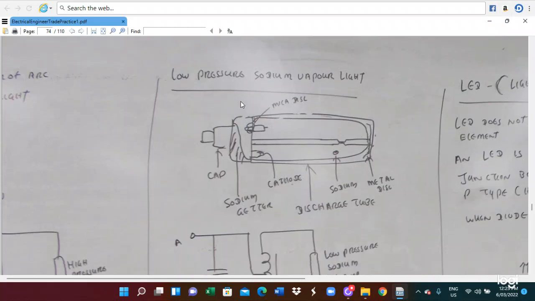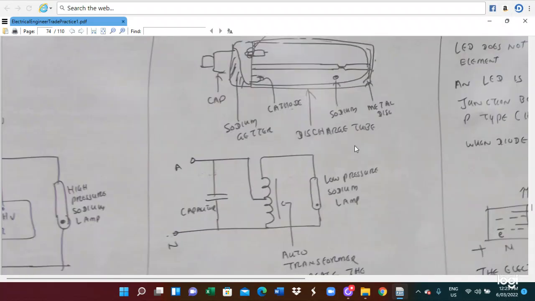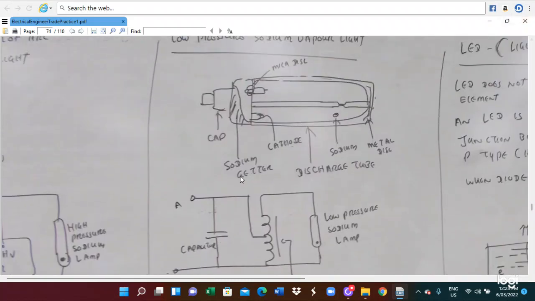Here is a low pressure sodium vapor light. This is for the components, and here is the circuit diagram and the features of the sodium vapor light.